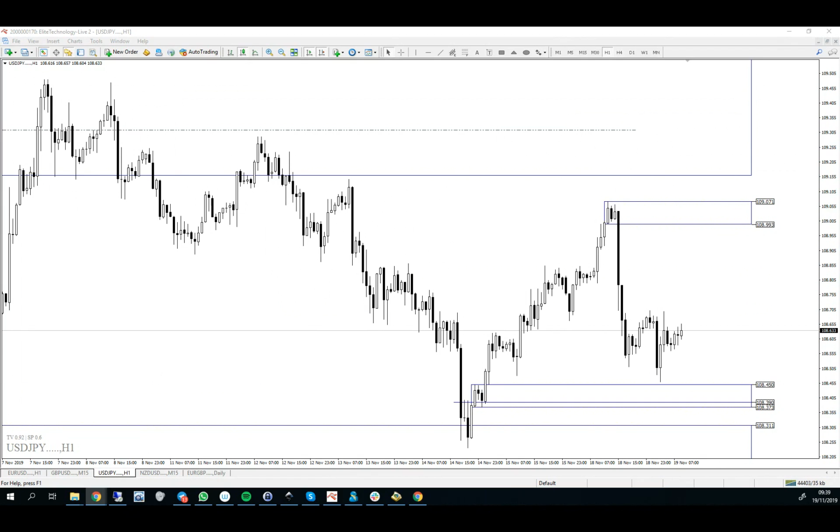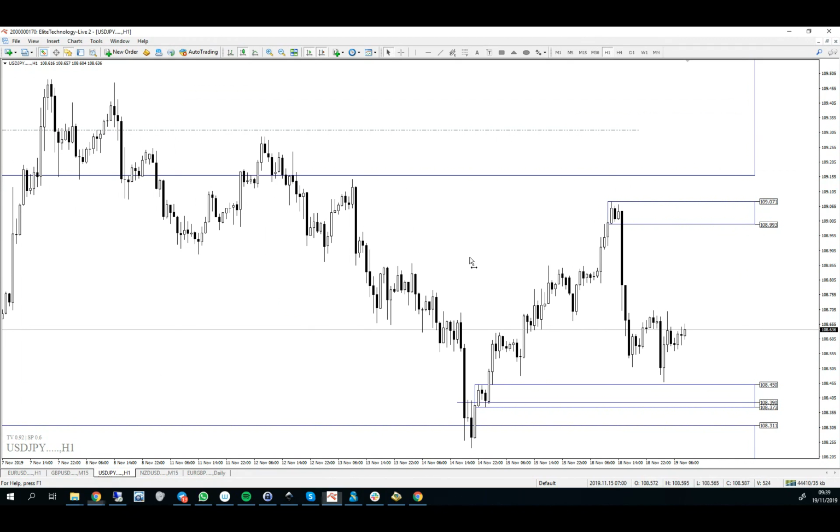Mark is asking, what do we use for confirmation? So, in terms of order flow theory, every time we see price rejected by a key level, let me draw this for you.